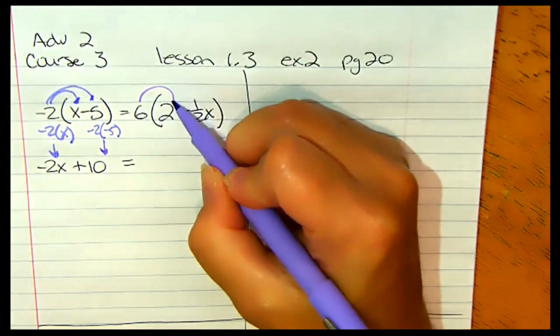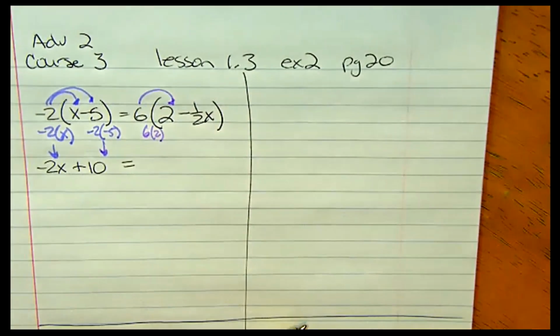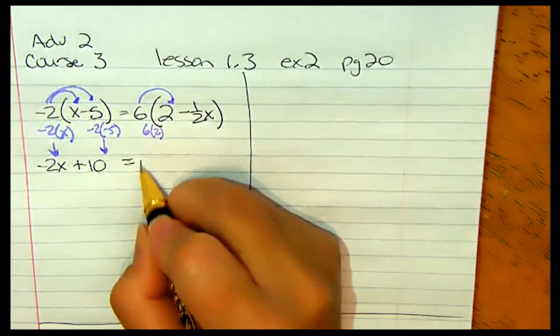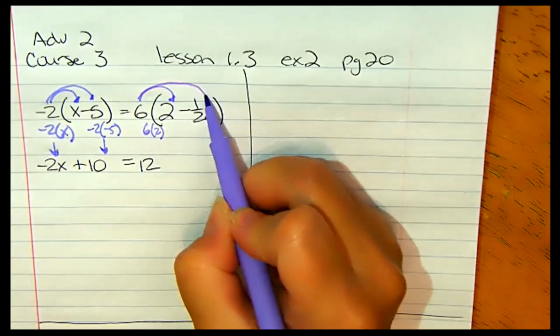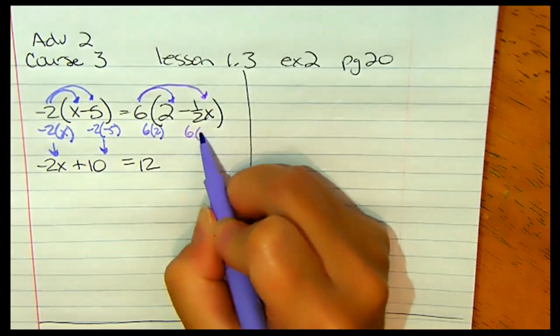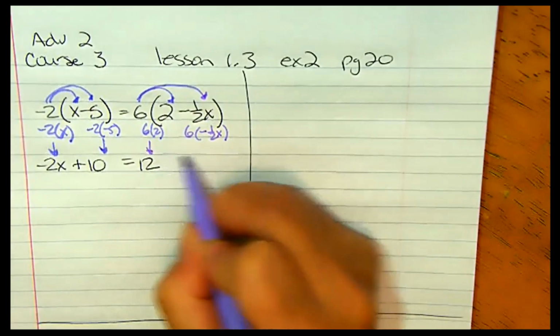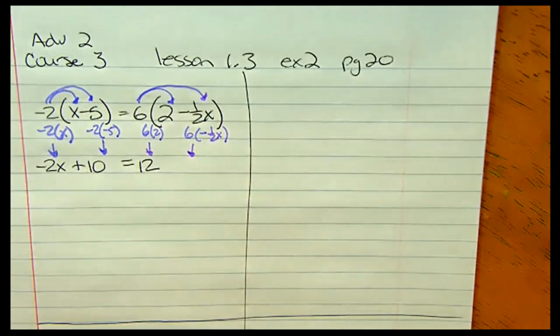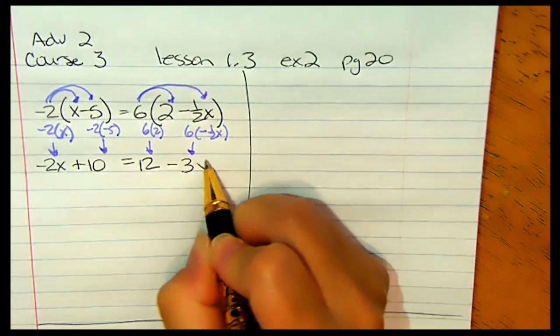Now we need to distribute the right side. 6 times 2 is 12. And then we have 6 times -1/2 x. So 6 times -1/2 x is going to be -3x.